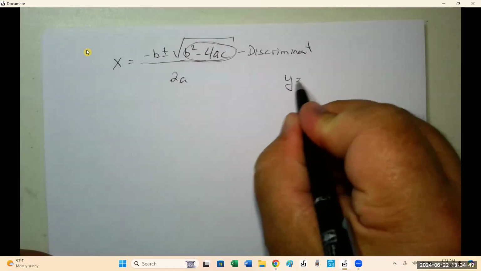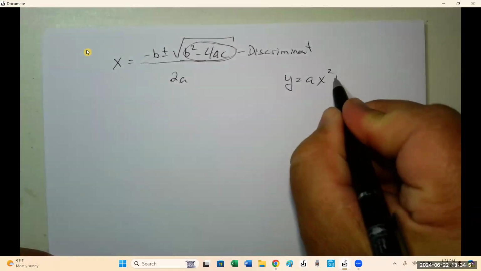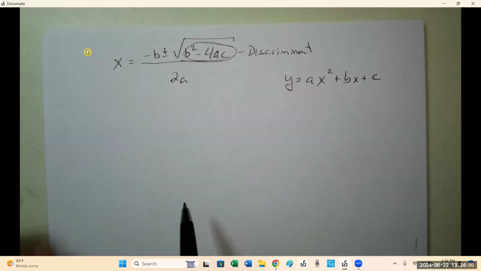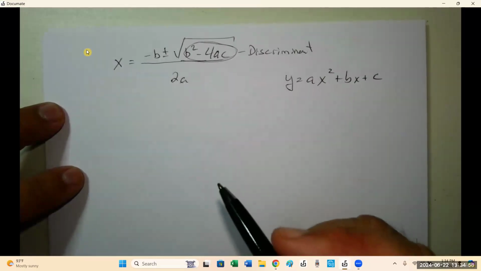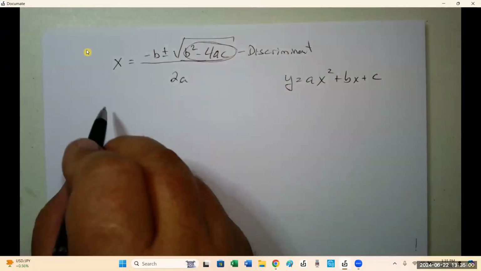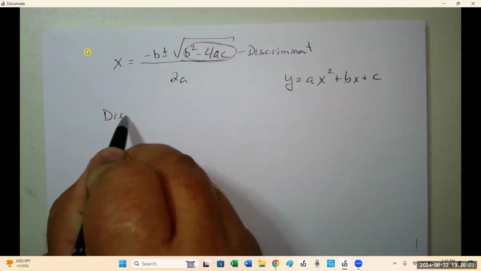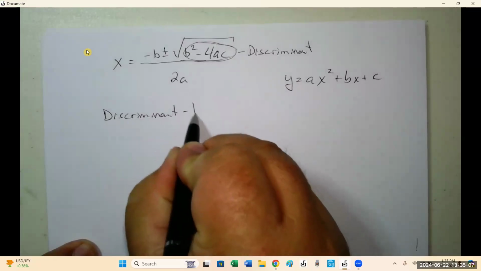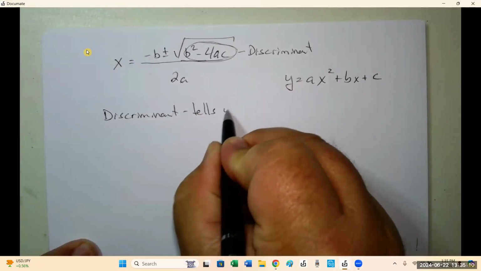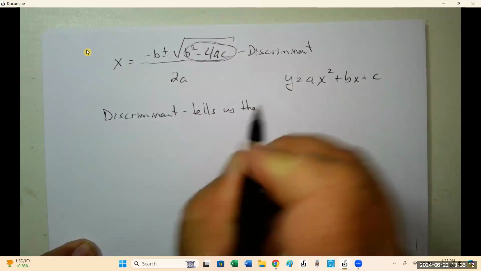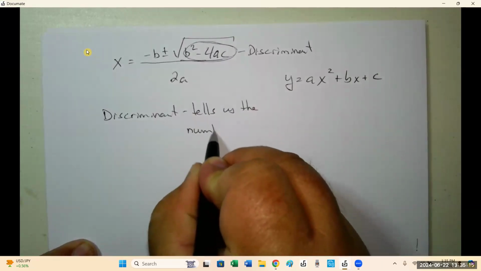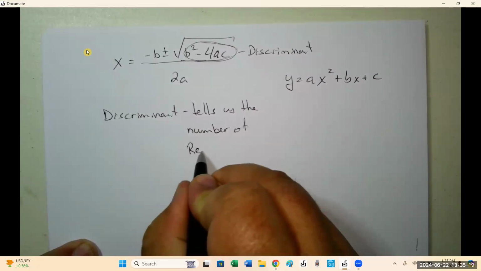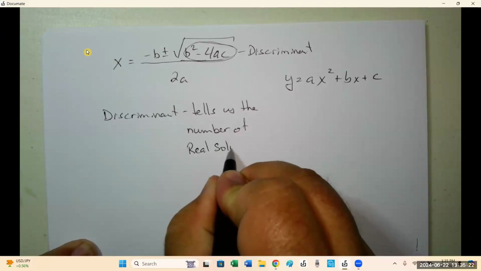And it came from our coefficients of this equation. So that's where we found the x-intercepts. So again, review this. The discriminant tells us the number of real solutions.